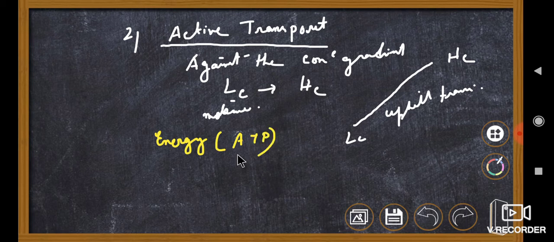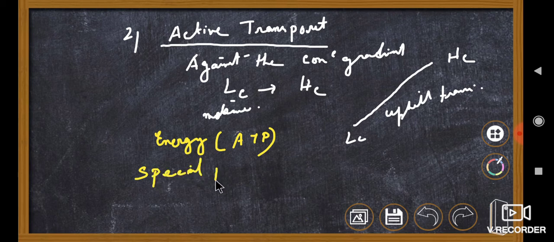So active transport is a mode of transport in which there is a requirement of energy as it happens against the concentration gradient. And in the plasma membrane, our cell membrane, there are some special proteins also present, just like in facilitated diffusion.